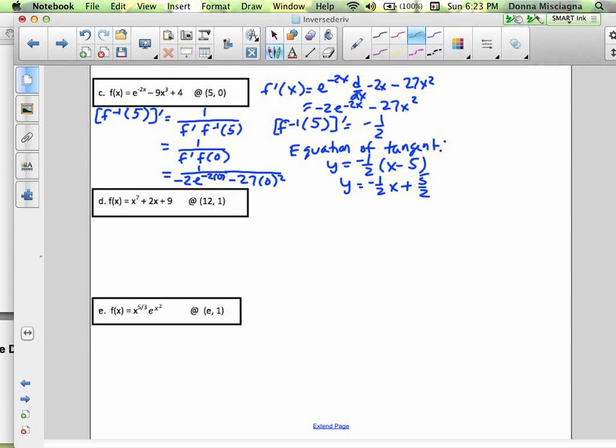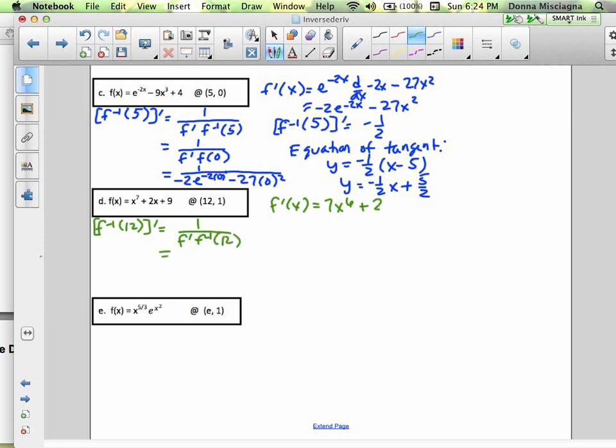All right, so let's find the derivative. To find the derivative, we have f prime of x equals, it's a nice easy power rule, 7x to the 6th plus 2. Right? Derivative of 2x is 2, derivative of 9 is 0. So the derivative of f inverse of 12 is going to be 1 over f prime of f inverse of 12.